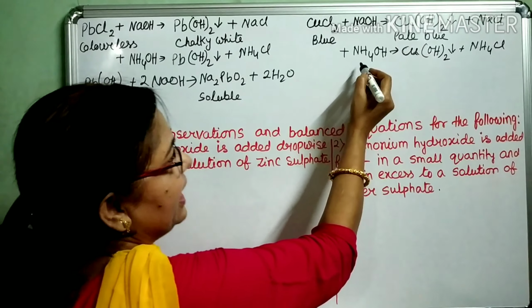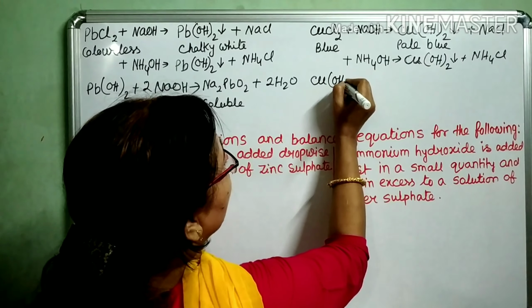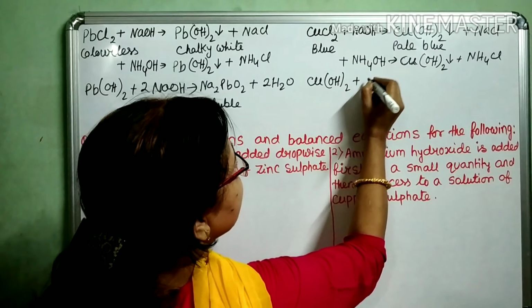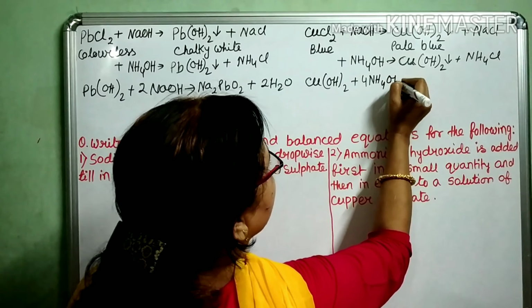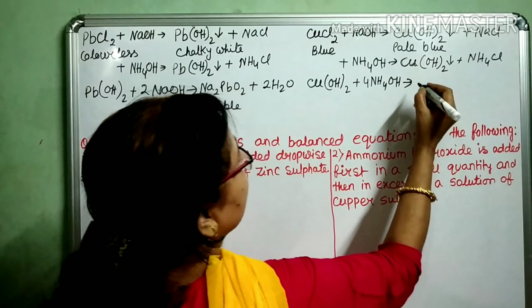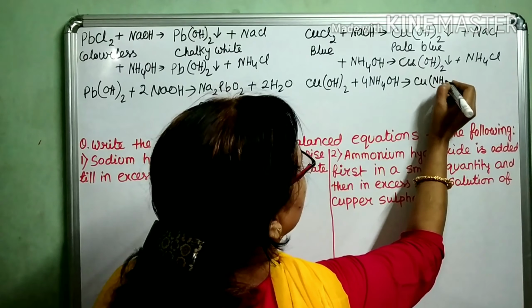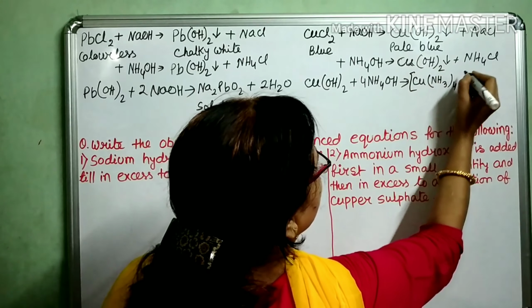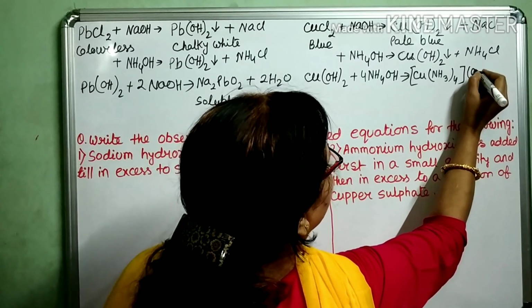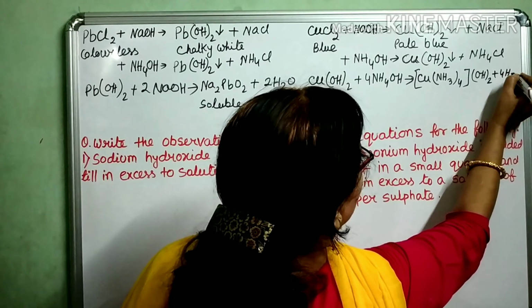But when excess NH4OH is added, what happens? Cu(OH)2 plus excess NH4OH, then a soluble solution, this means Cu(NH3)4(OH)2 plus 4H2O is formed.